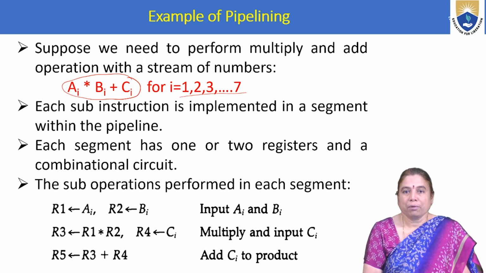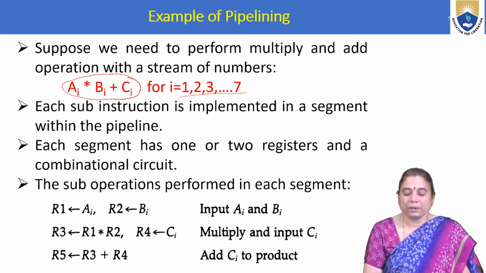Here the computational task can be divided into small pieces with the concept of pipelining. Each sub-instruction is implemented in a segment within the pipeline. Each segment has 1 or 2 registers and a combinational circuit to store and process the segmented data.